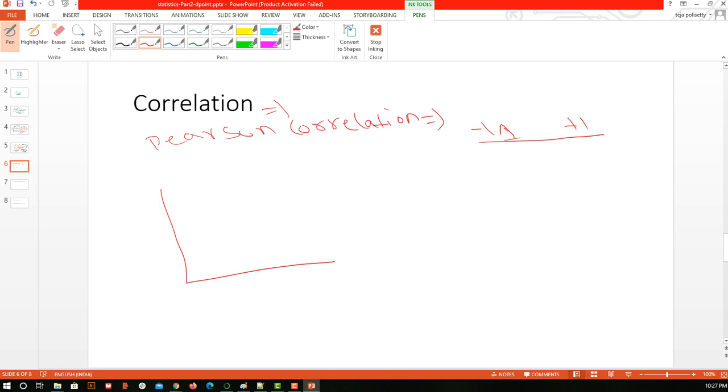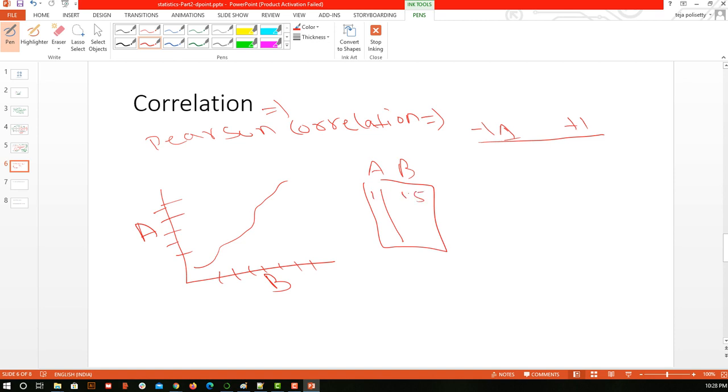Let's say here my column A is there, and here my column B is there. If my graph is increasing like this, and if you don't know how this graph comes about, let me tell you. This line or scatter plot is made out of points, right? Say this is our x part, this is our y part. In a dataset we have A and B, where this value is 1 and this value is 1.5.